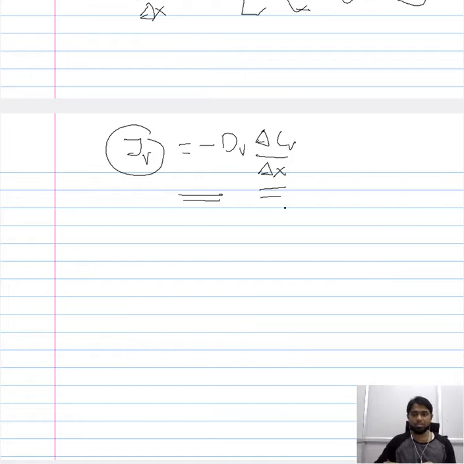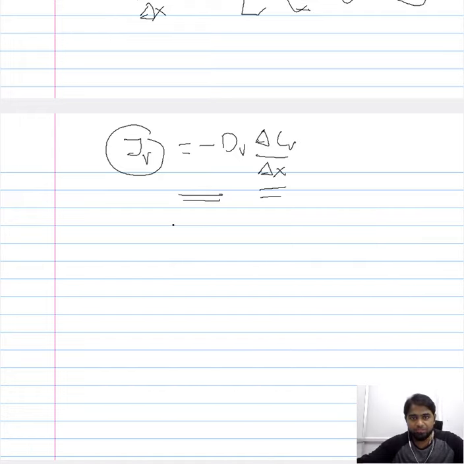This gradient is introduced by the difference in the mechanical condition, the difference in tensile and compressive load. To that we have our diffusivity term, which is a constant, and there is a minus sign because of the direction in which the flux moves.